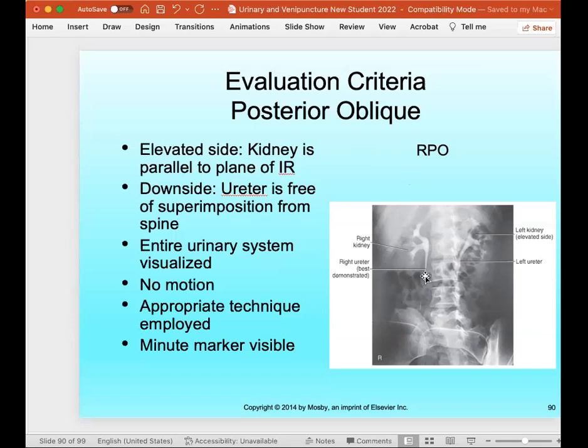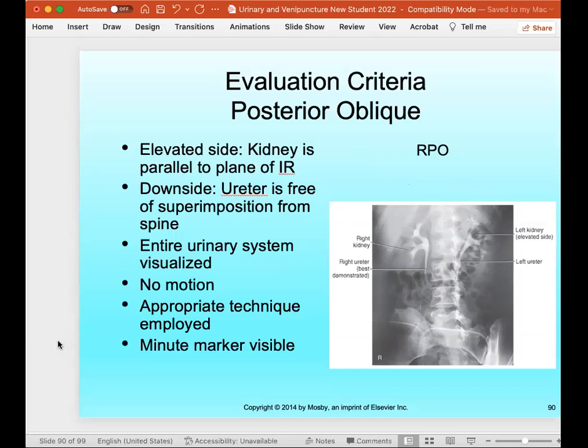The downside will best demonstrate the ureter because it's going to be free of superimposition of the spine, okay? When you rotate, the downside is going to visualize the ureter, okay? And it's going to visualize the upside kidney.